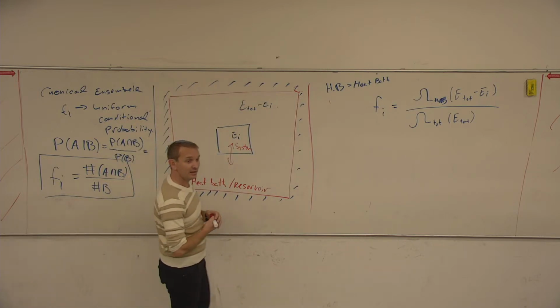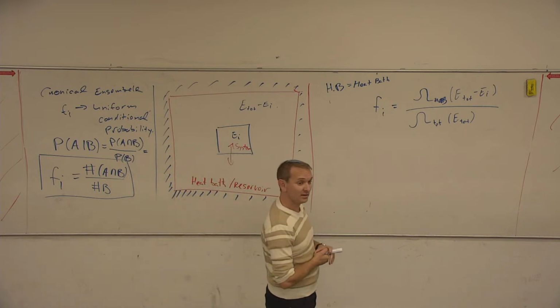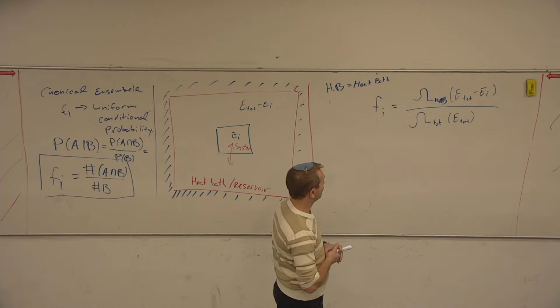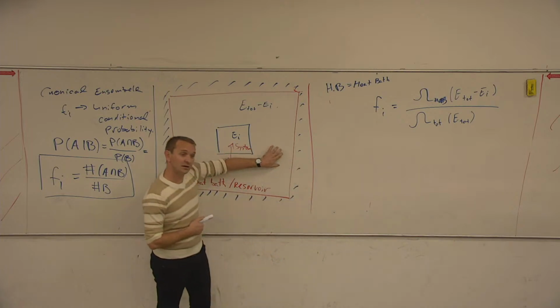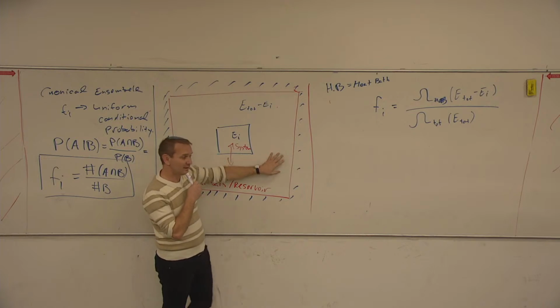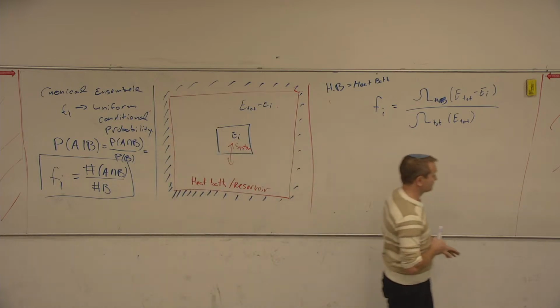I understand why this is the energy. I just don't understand why you put E total minus E_i and not just E_i. Because the heat bath's energy is E total minus E_i. Yeah, so it's good. But you wanted the probability of our system, not our heat bath.